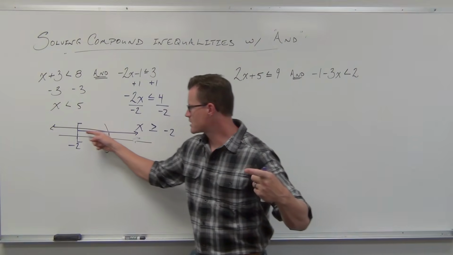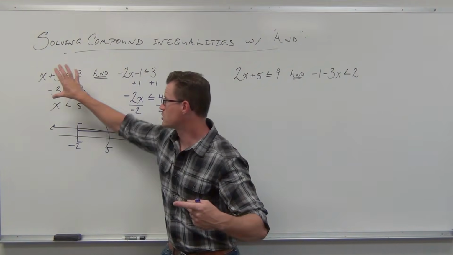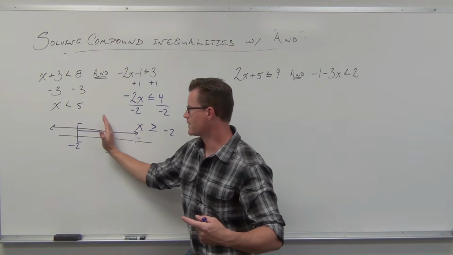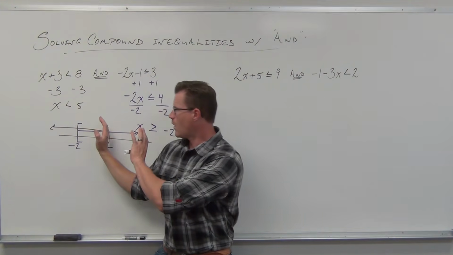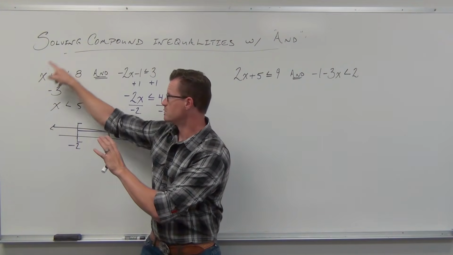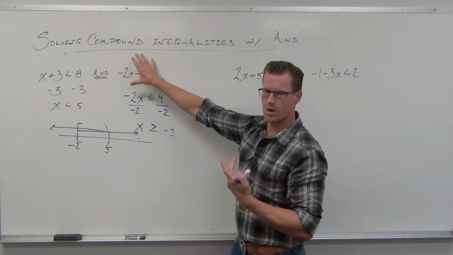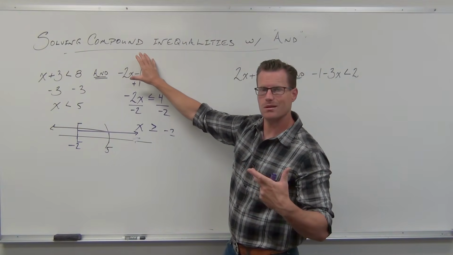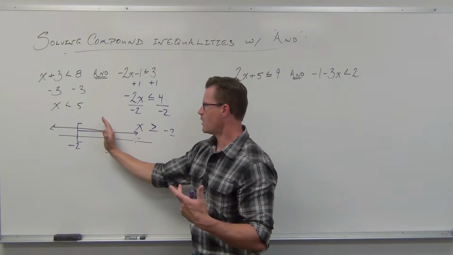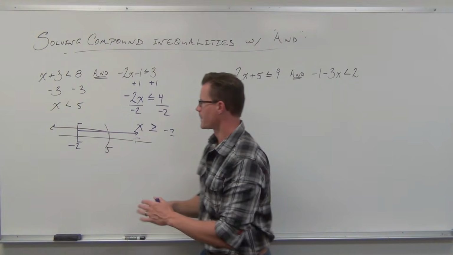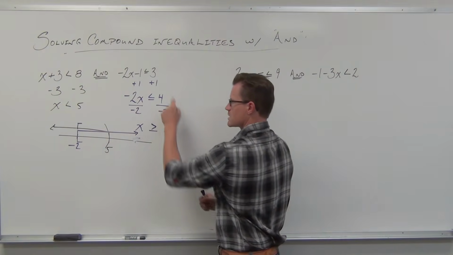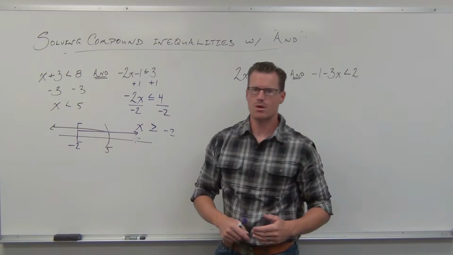All these numbers this way work for just this inequality. Everything this way, even over here, all this junk works here, no problem. All this junk works here, no problem. What we're looking for is the junk that works in both of them. So if all the stuff here works in this one, all the stuff here works in this one, the stuff between them works in both.